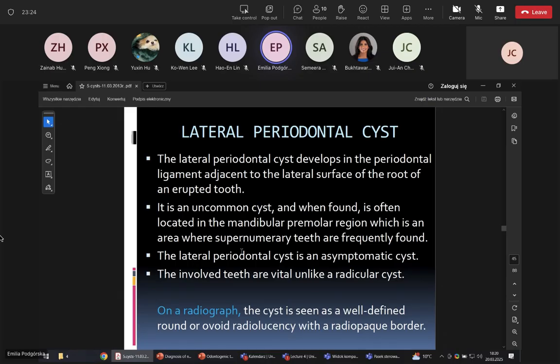The lateral periodontal cyst is an asymptomatic cyst, and the involved teeth are vital, unlike a radicular cyst. On a radiograph, the cyst is seen as a well-defined round or ovoid radiolucency with a radiopaque border.